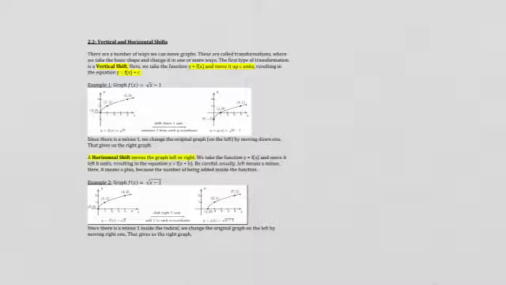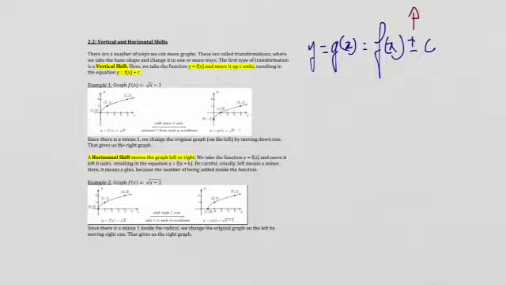If you have a function g of x equal to another function f of x plus or minus c, if you have a plus, that means you will have a shift up of c units of your function f of x, and if you have a minus c, you will have a vertical shift down of c units of your function f of x.